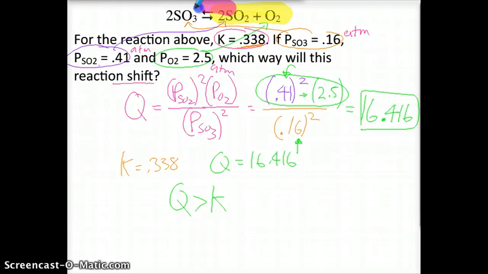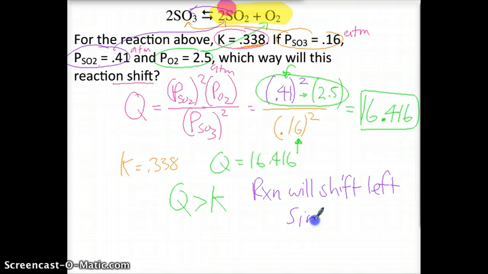So if they're getting turned back into reactants, this reaction is shifting to the left. So the reaction will shift left since Q is greater than K.